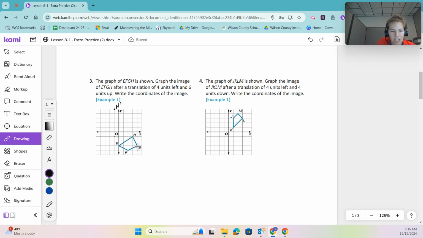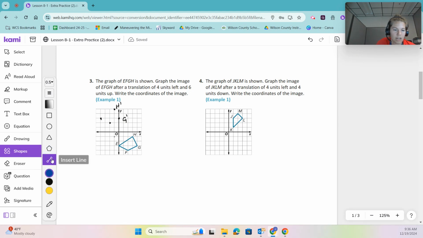Then G, 1, 2, 3, 4, then 1, 2, 3, 4, 5, 6. That's G prime. And then F, 1, 2, 3, 4, then 1, 2, 3, 4, 5, 6. And then E, 1, 2, 3, 4, then 1, 2, 3, 4, 5, 6.